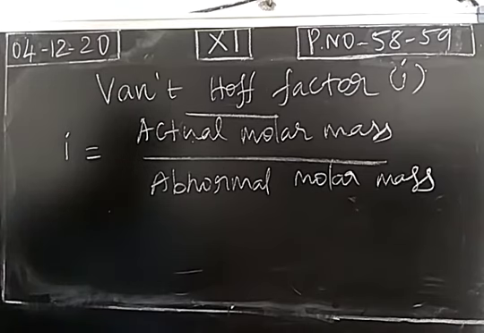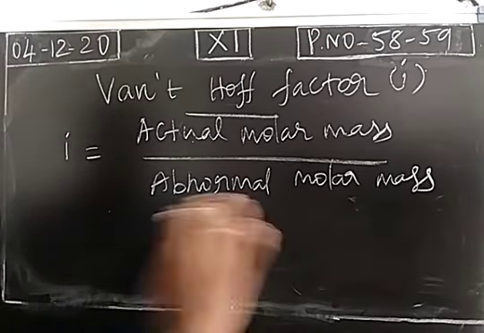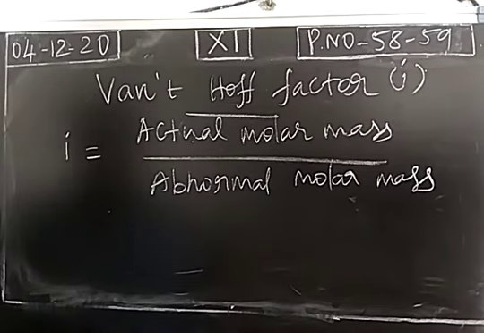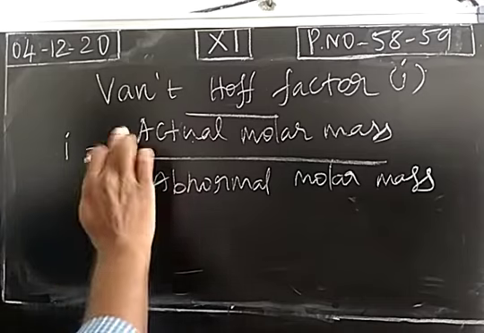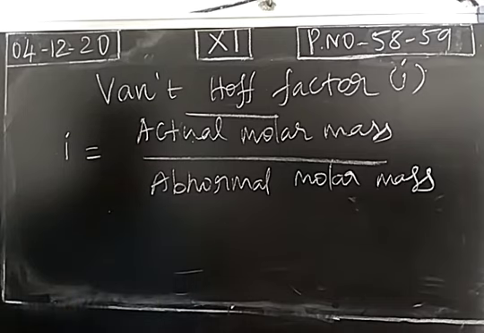Okay. So using the colligative property, we calculate molar mass. This ratio is called the van't Hoff factor, and it can also be represented in terms of colligative property: observed colligative property divided by calculated colligative property. Like this we may express. So this is called van't Hoff factor.